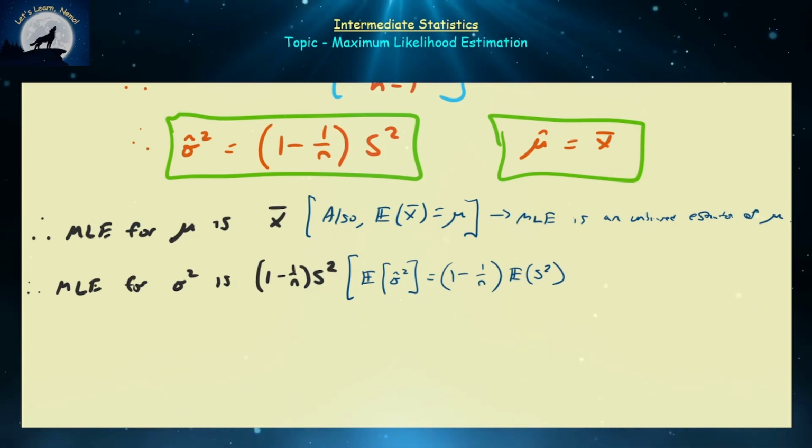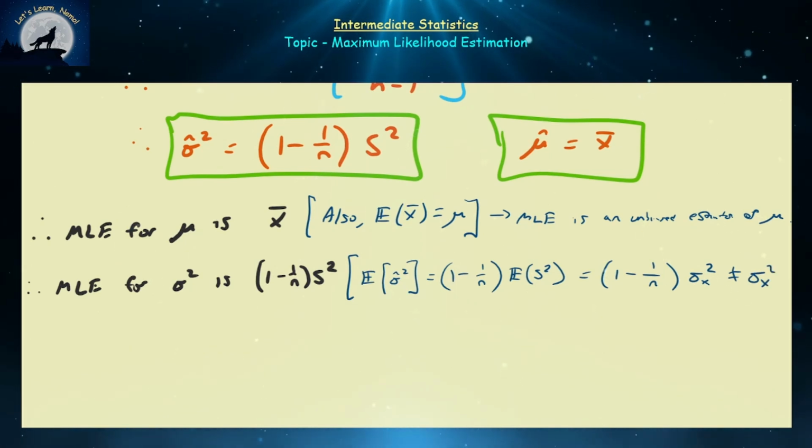But remember that s squared is an unbiased estimator of sigma squared, so it's going to be equal to (1 minus 1 over n) times sigma x squared, which is not equal to sigma squared. So therefore it's not unbiased. That means it's a biased estimate of sigma squared.